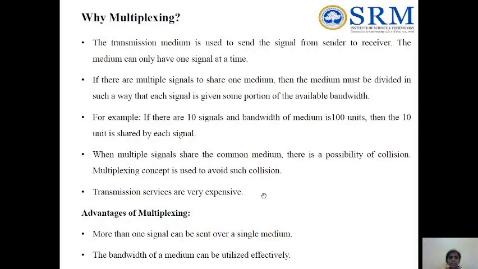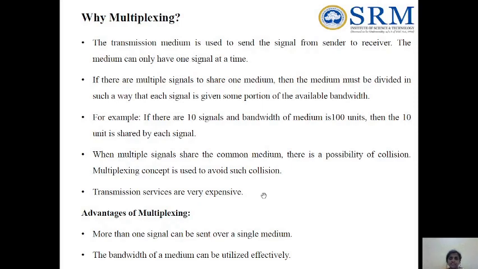So why is multiplexing important? We make use of a transmission medium for sending data from a sender to a receiver, and this medium can carry only one signal at a time. So what will happen when multiple signals try to share the same medium?